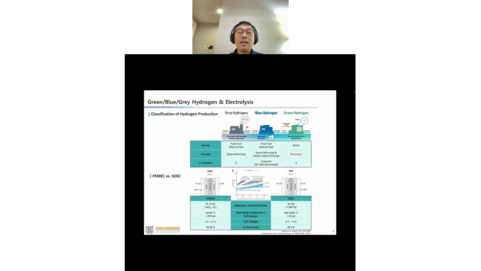Another type of hydrogen we name blue hydrogen. It's also based on fossil fuel, so we make this hydrogen also using natural gas steam reforming.